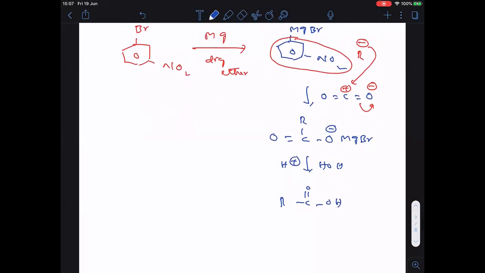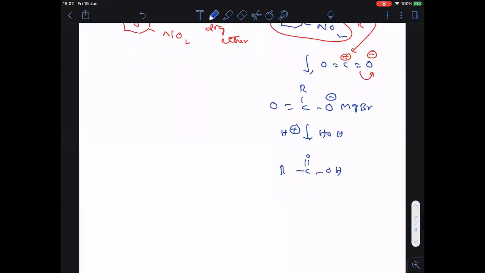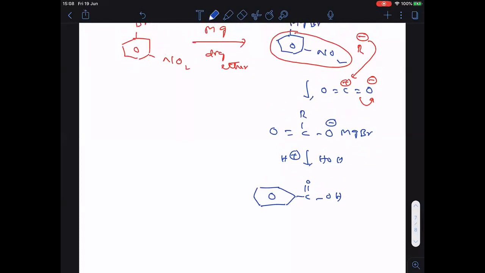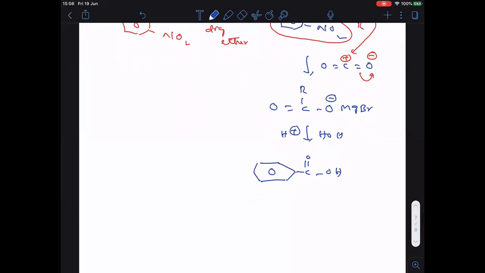Now we will substitute the R. So in place of R, can I remove this R now? Clear? Now in place of R I will put the benzene ring. Is it clear everyone? And at the meta position, let me take NO2.